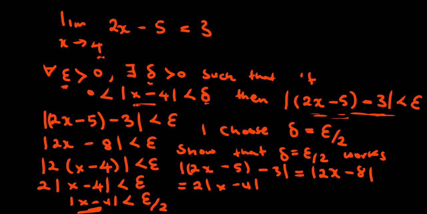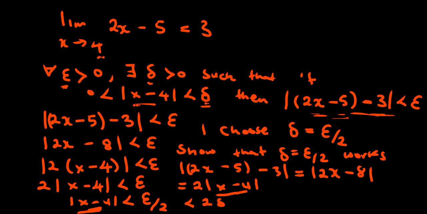Now, I know that this part here is less than delta, from the assumption made on top. So this will be less than 2 times delta. Since this part is less than delta, that will be 2 times the modulus, less than 2 delta.